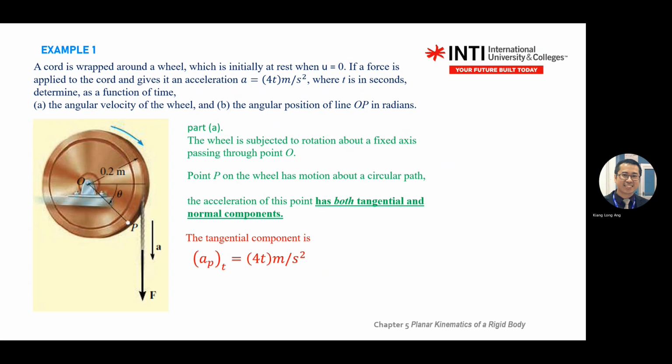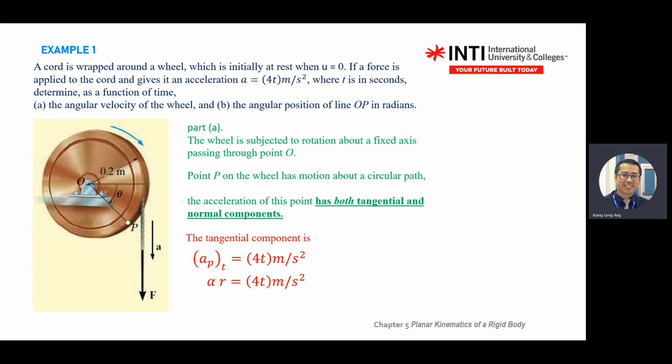Okay. So you are given one acceleration value there, as a function, 4t. So for point P, you know that the tangent always follows the curve. So you have the acceleration of P on tangent already, given in the question, which is 4t. Right? And what is the tangent direction equation? You learned this now. a_t equals alpha r.